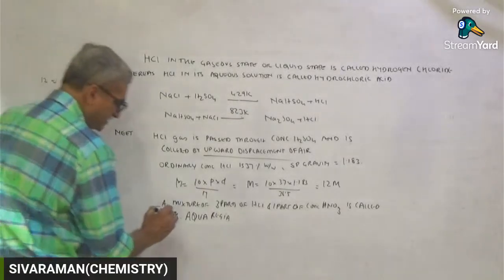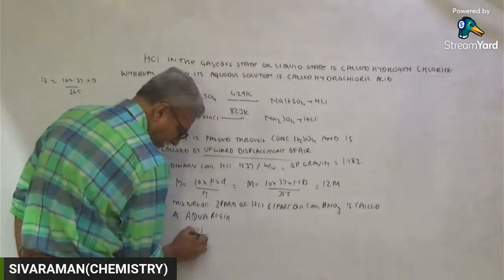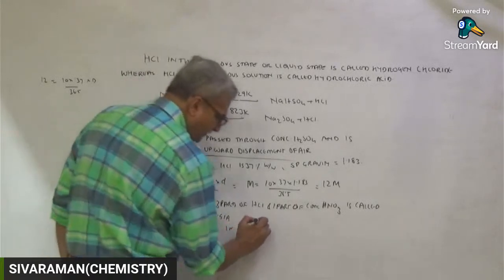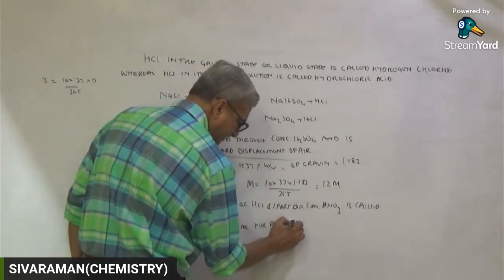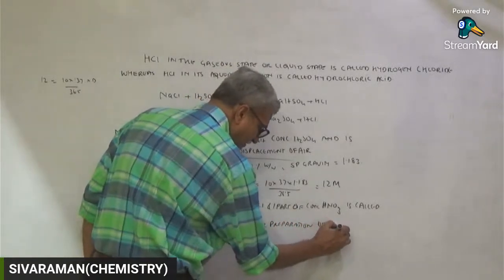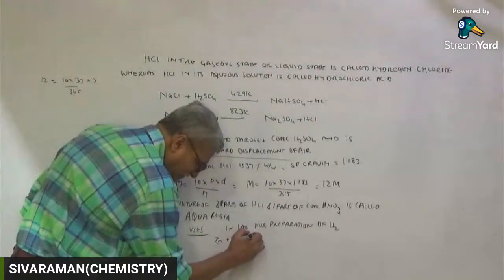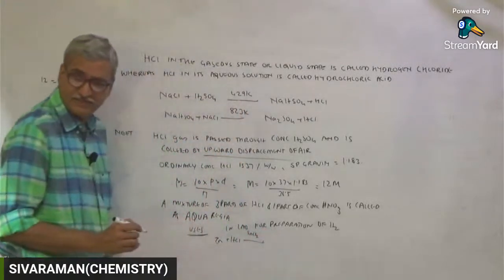And it is used for preparation of hydrogen in the laboratory. Zinc plus HCl forms zinc chloride and hydrogen gas. Generally a small amount of stannous chloride, SnCl2, is added, and then the reaction becomes very vigorous.